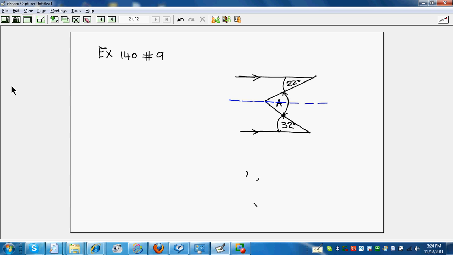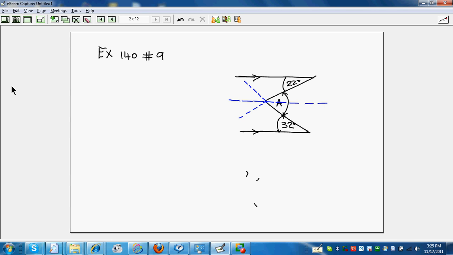And we could extend each of these lines like this, and we could extend this one like this, and see if we could get any assistance in solving this question.